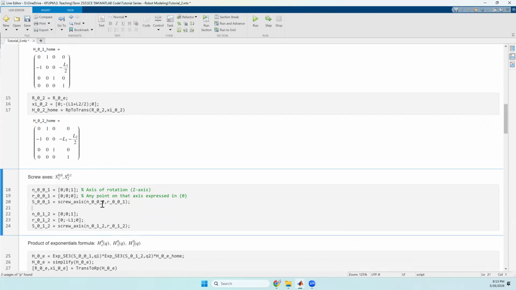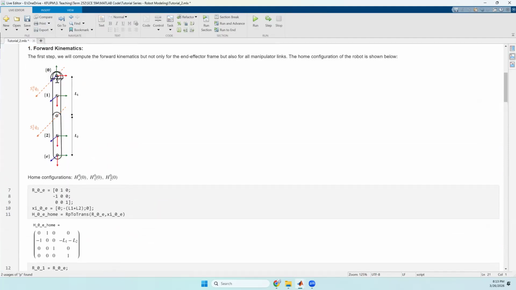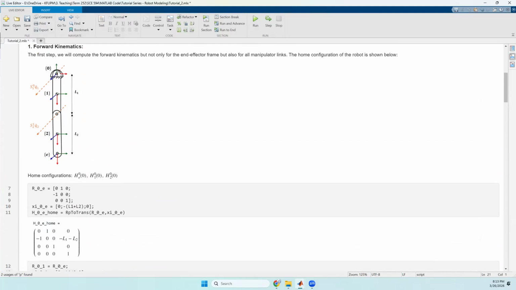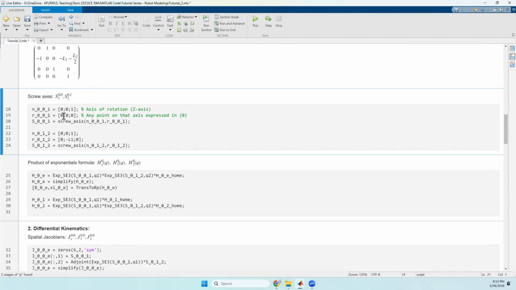As for the screw axis, if you look at the first screw axis as seen in the 0 frame, we'll find that it's in the z direction, and it passes through the origin, and thus we have 0, 0, 1, and 0, 0, 0, similar to what we had earlier.